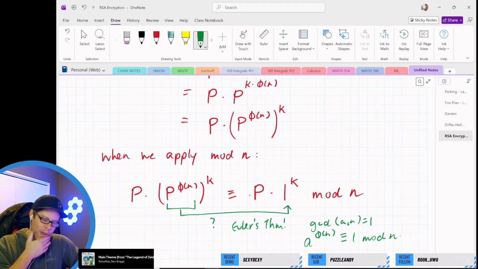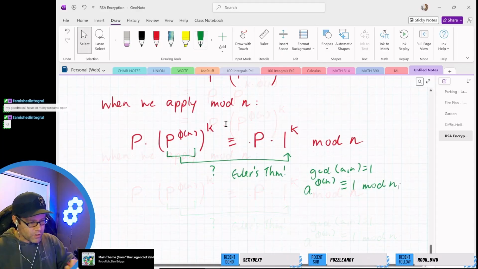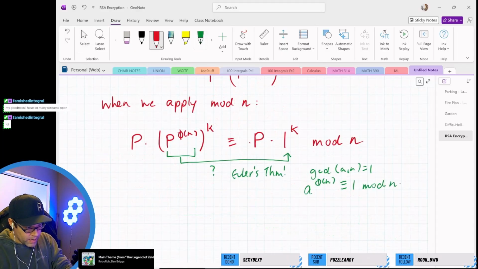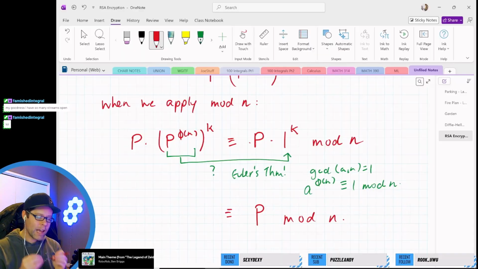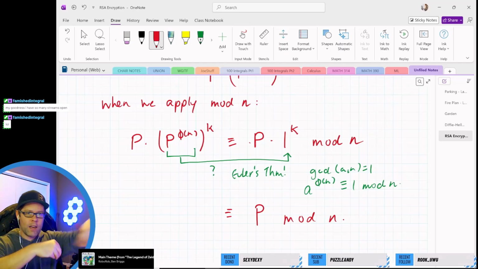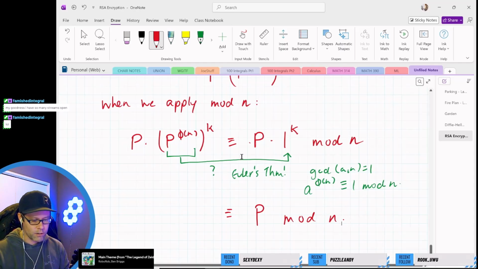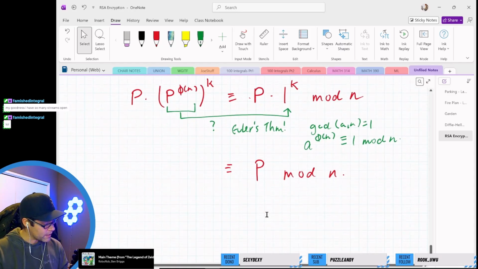So we're basically saying, if, in our case, p and n are coprime, then this should be equivalent to 1, right? So the idea is if this p to the phi of n to the k is really 1 to the k, then we get that this is all really congruent to p mod n. Okay, so we can recapture the plain text message by first encrypting it and then decrypting it. We get back to the original message. So kind of cool.